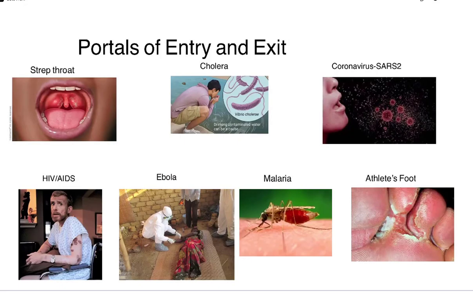In order to understand that, we need to look at something called portals of entry and portals of exit. If you are a human host for a particular pathogen, it gets into your body somehow, and we call that the portal of entry.